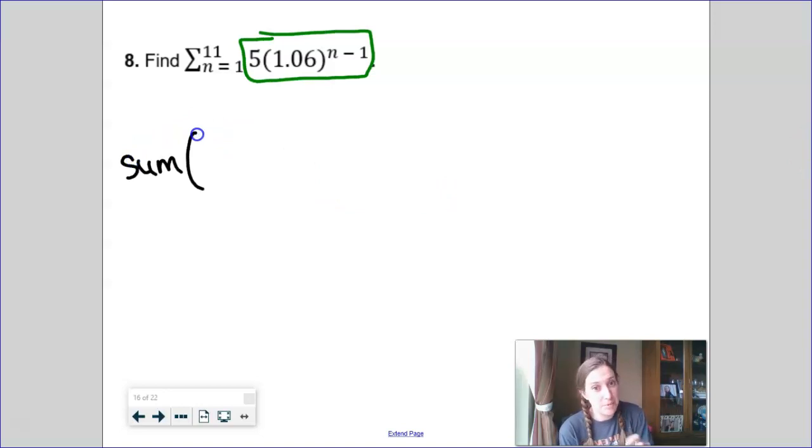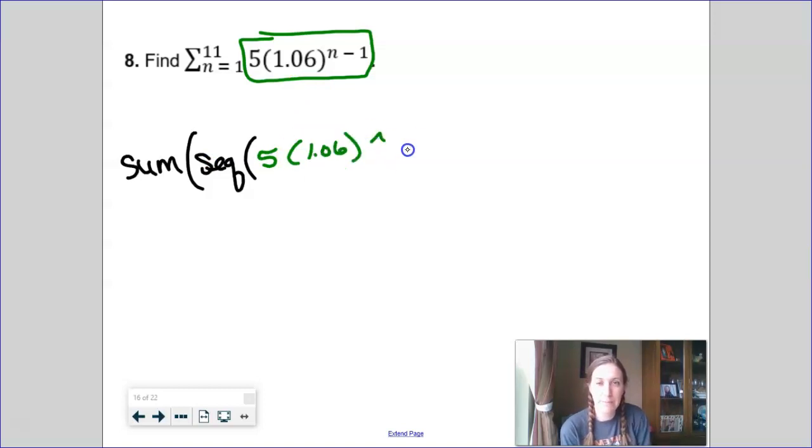So this time I'm going to remember to sum the sequence. And I'm going to just type that in. Now, again, I've got to be careful with my calculator. It's 5 times 1.06, and our calculator will use x for the variable instead of n. And then it says 1 to the 11th term.